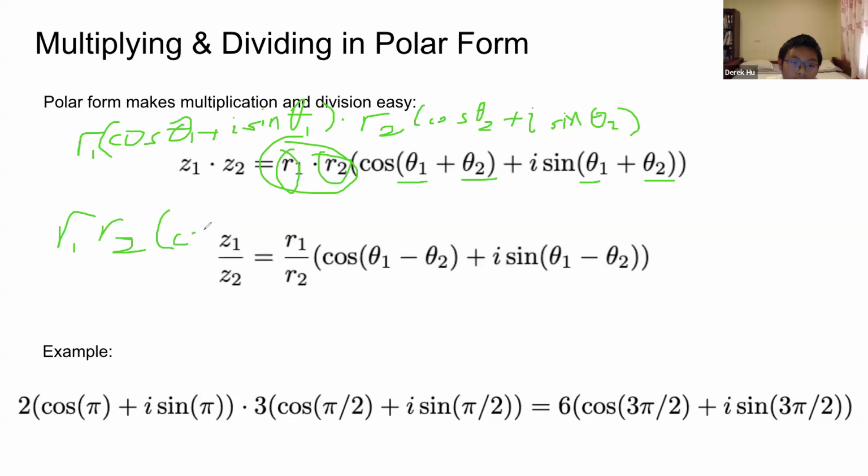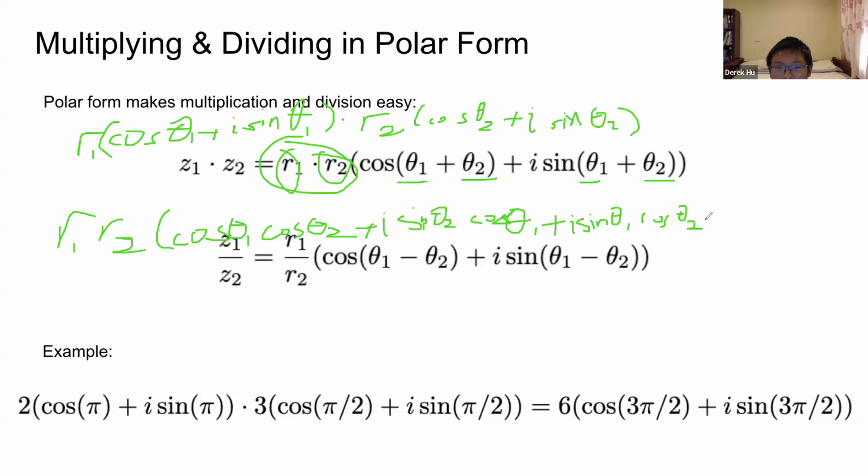So we have cosine theta 1 cosine theta 2, and then plus i sine theta 2 cosine theta 1. Also, apologies for my bad handwriting. And then i sine theta 1 cosine theta 2.